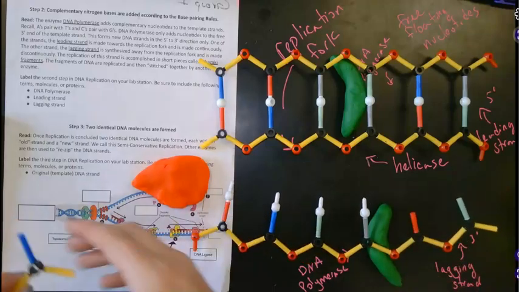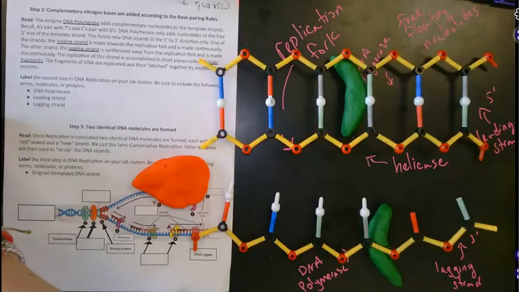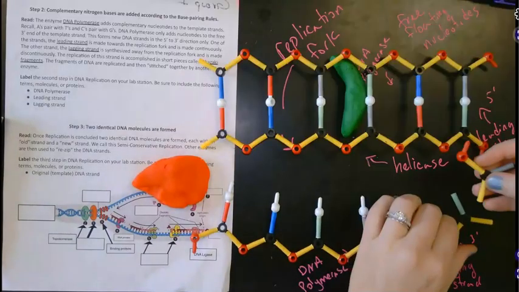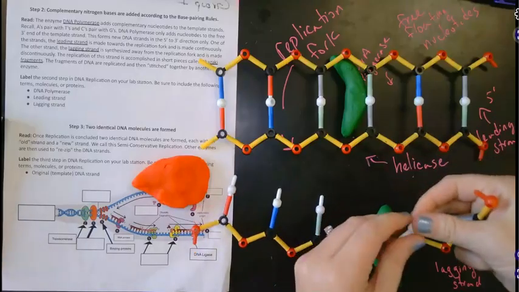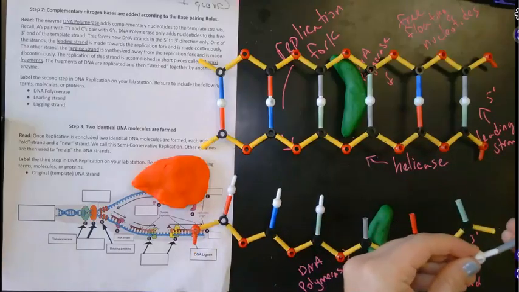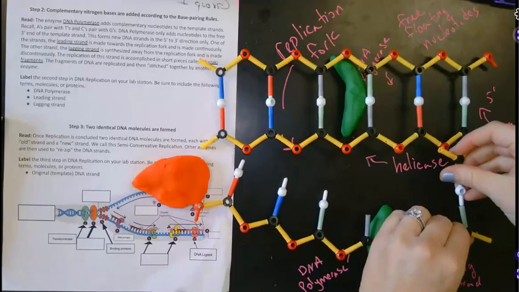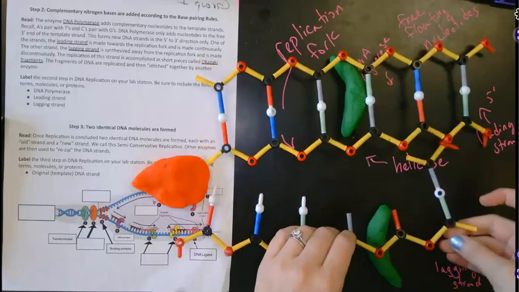So what that means here, we would have this side, where's my bond? My G and my C are combining.